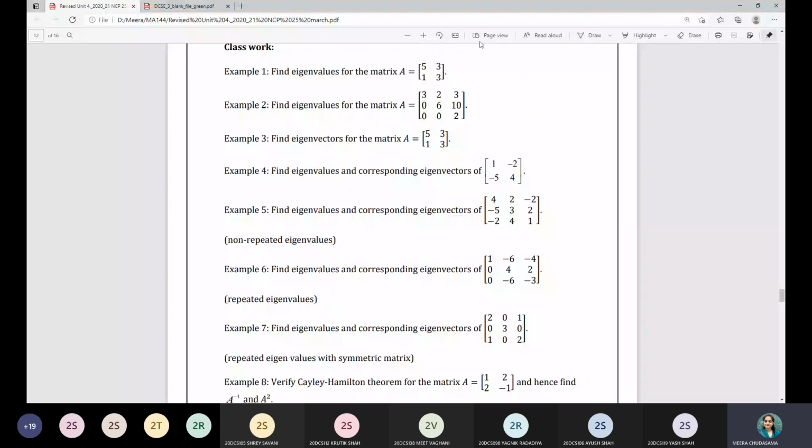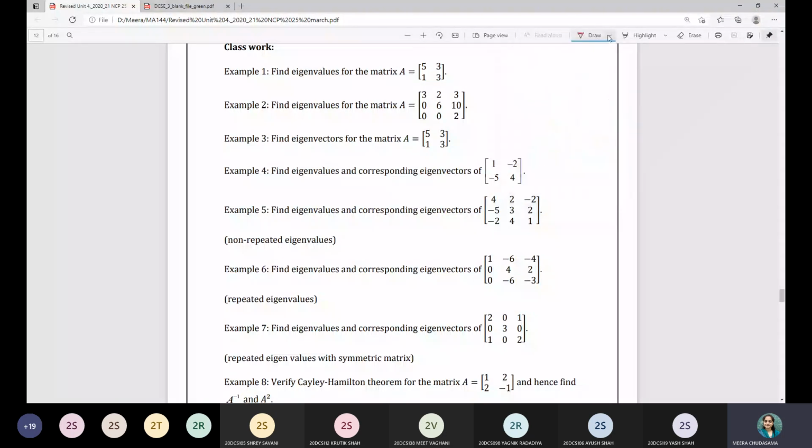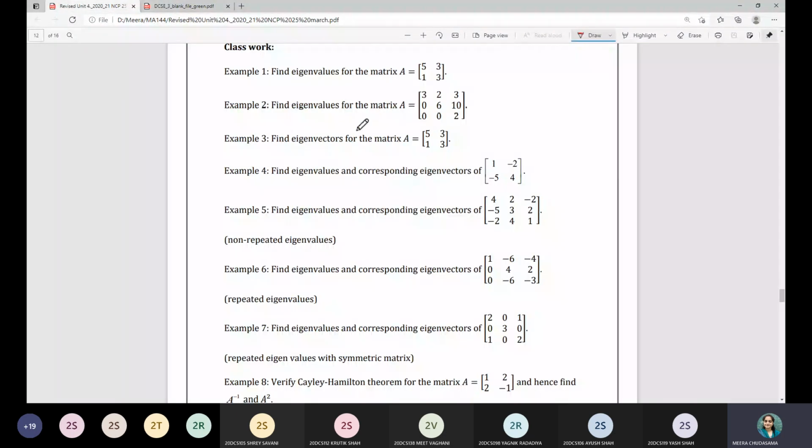So today we are going to see some more examples based on eigenvalues and eigenvectors. Last time also we have seen certain examples in which we have taken the derivation of the characteristic equation.